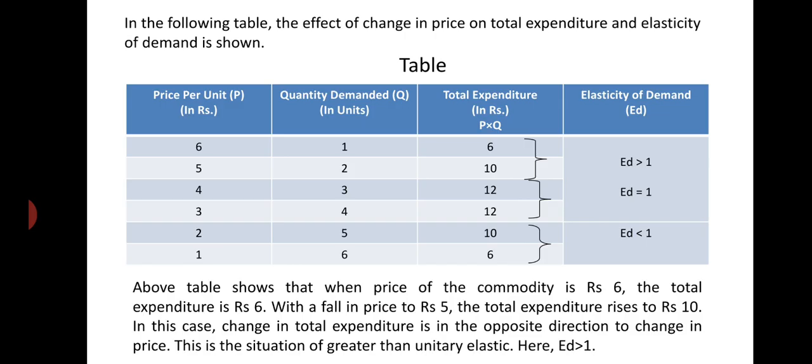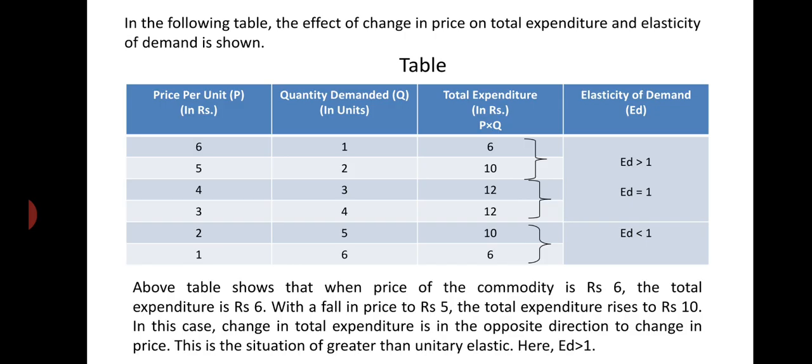With a fall in price to rupees 2 per unit, 5 units are purchased and total expenditure becomes 10 rupees. And at last, with a fall in the price of the commodity to rupee 1 per unit, 6 units of the commodity are demanded or purchased. So the total expenditure at this point is rupees 6.